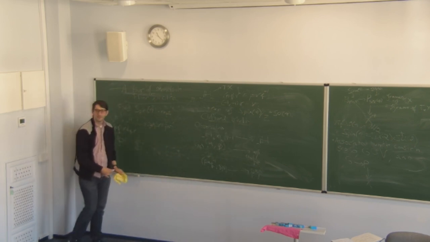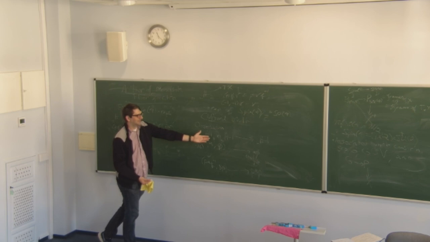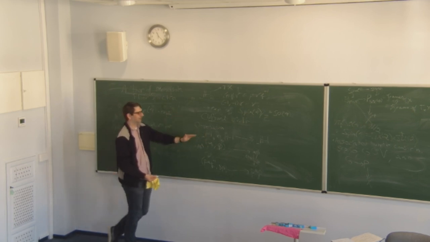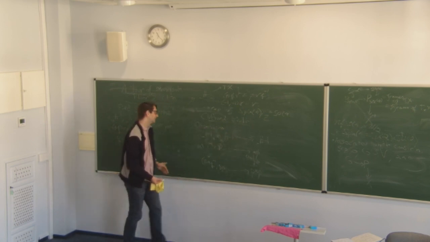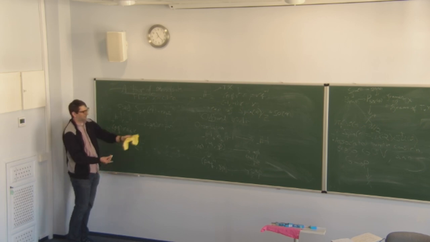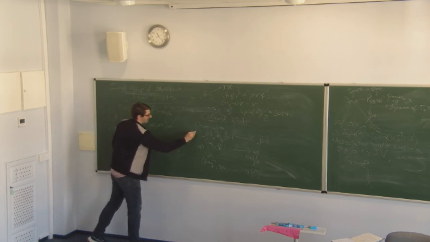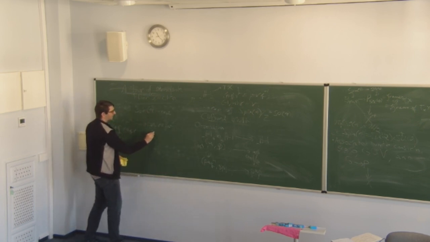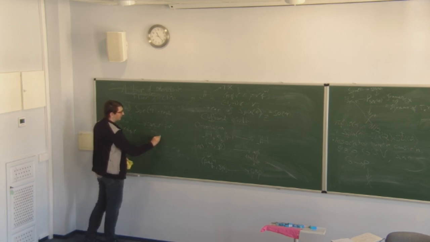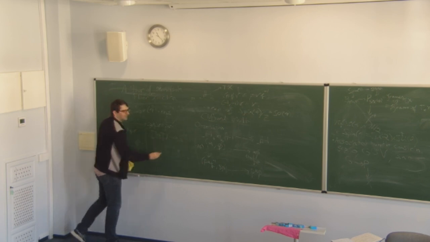That doesn't seem terrifically interesting, but the associated bundle construction is actually a functor. If you have a map between representations, you get a map between bundles. So what we've just constructed is actually a map from S plus tensor the tangent bundle to S minus.